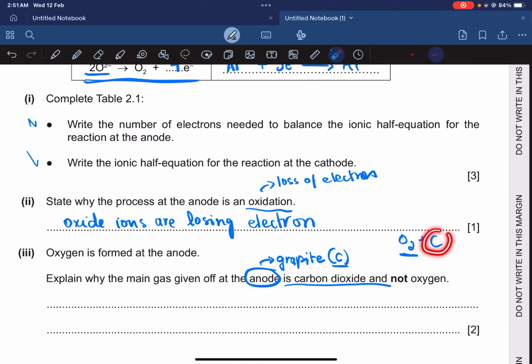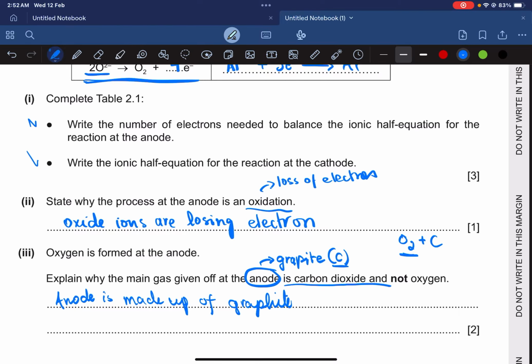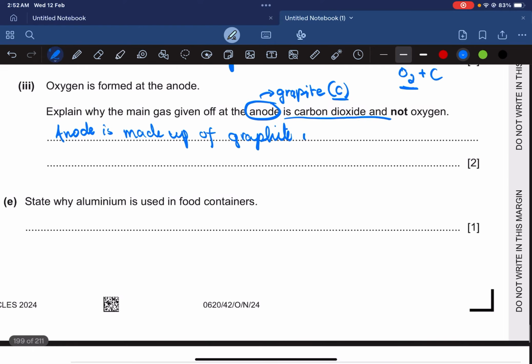This is basically your anode. The oxygen that's formed reacts with the anode to form carbon dioxide gas. So we're going to write that the anode is made up of graphite, which is carbon.